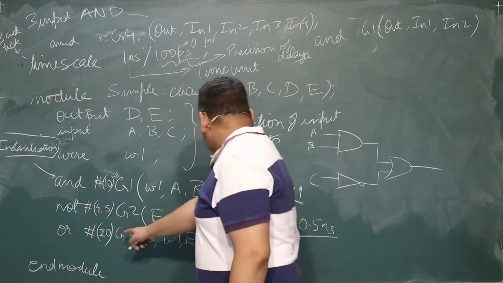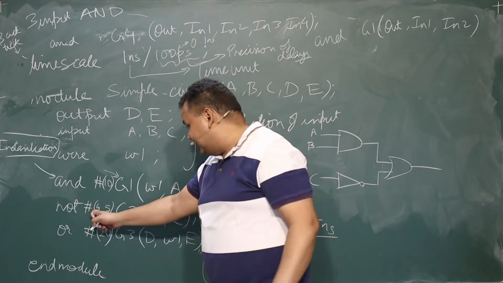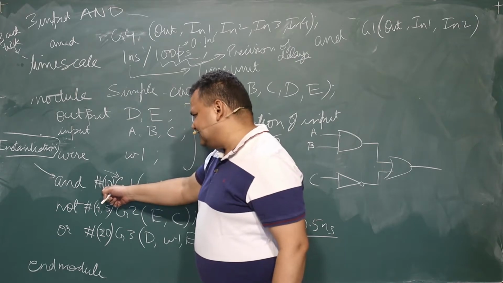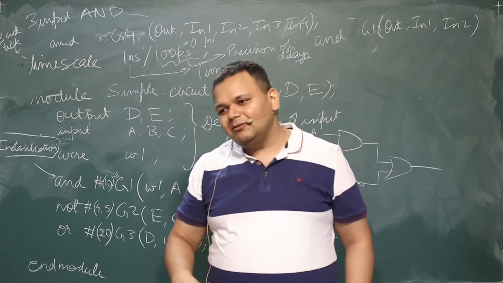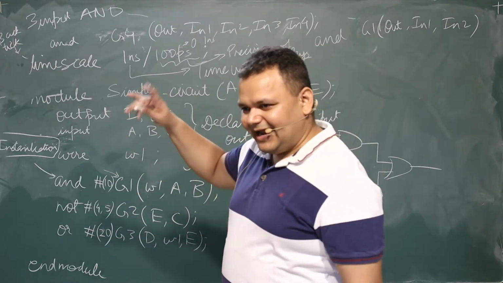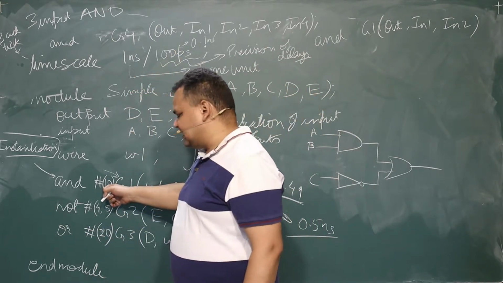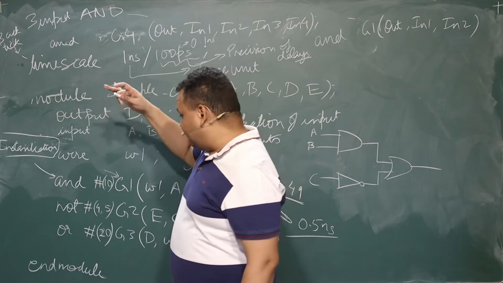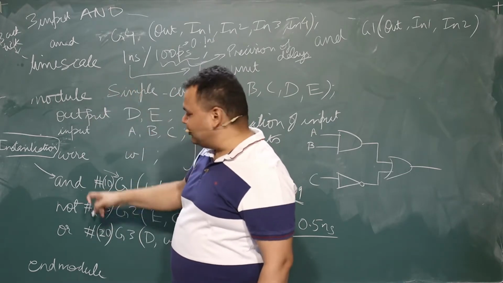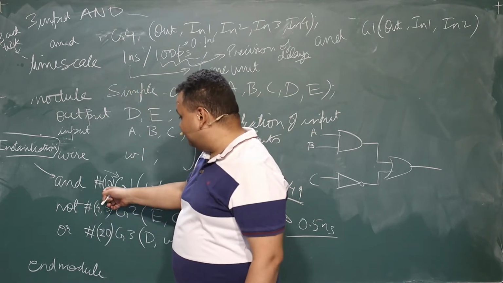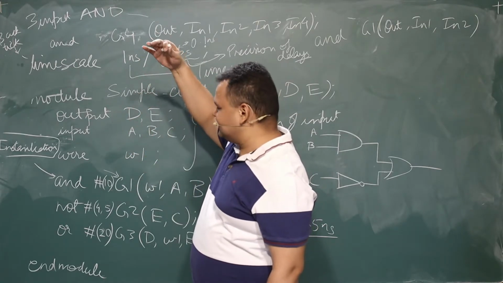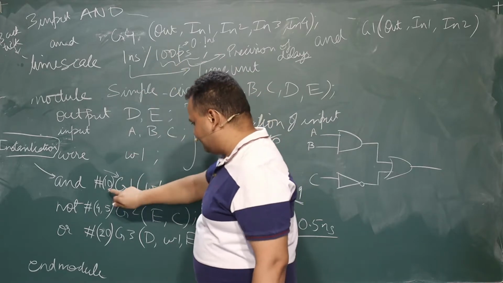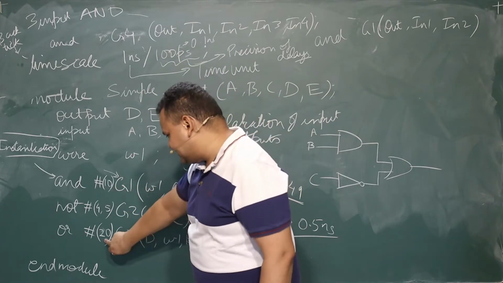I did not mention what this is. When I mention only one number inside this bracket, I mean that all my delays are the same. Rise time and fall time is the same. Going from low to high is the same as coming down from high to low. Here it is 10 nanoseconds. Here it is 20 nanoseconds.